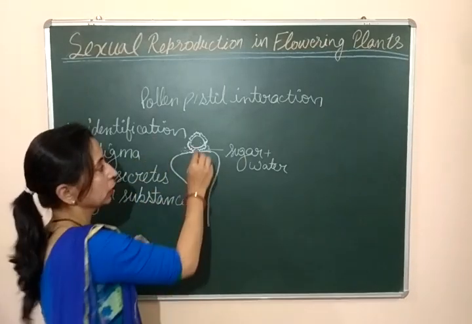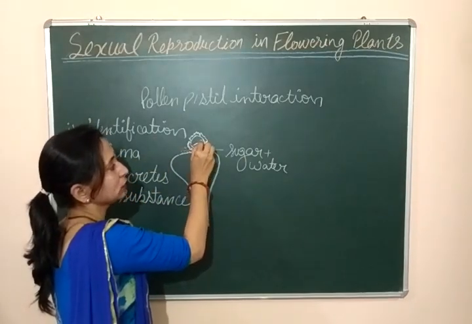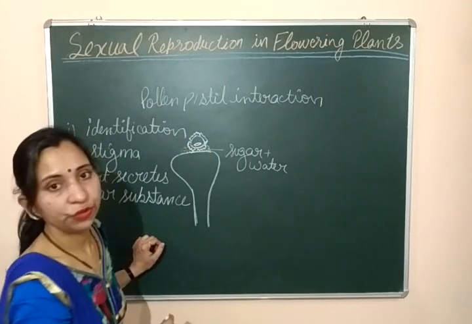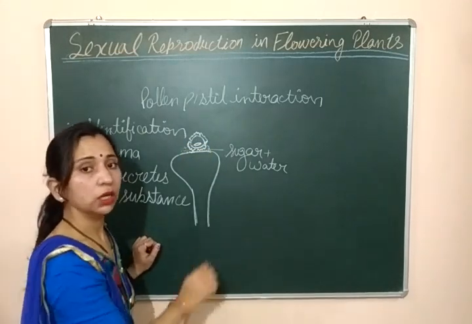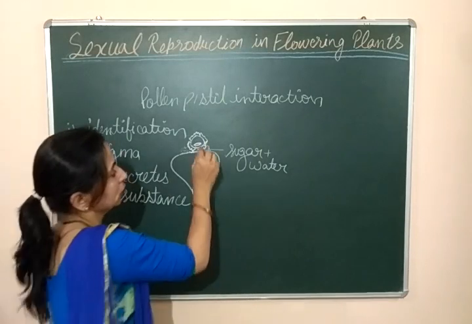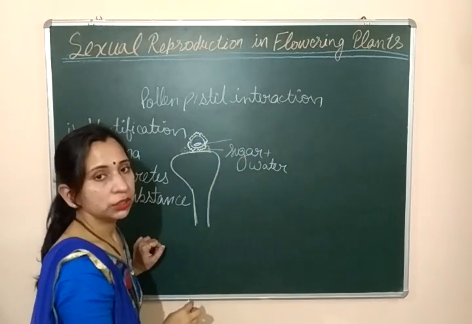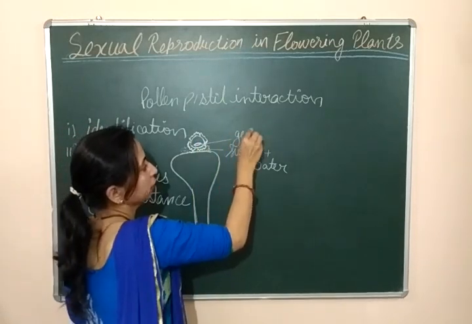two types of cells. One larger size cell is known as the vegetative cell, and the smaller spindle shaped cell is known as the generative cell. This is the generative cell.